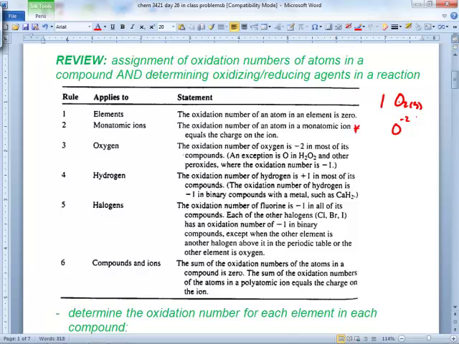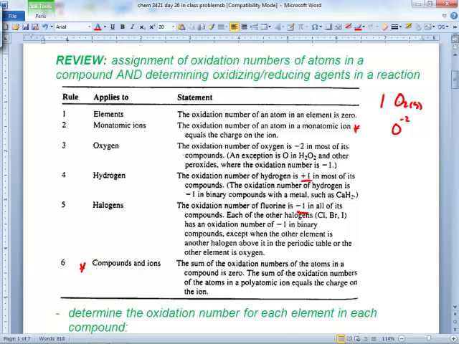So oxide, its oxidation state would be -2, it's just the charge. Oxidation number of hydrogen is always +1. Fluorine is always -1. Hydrogen's +1. We'll worry about the exceptions later. What are the odds of them throwing an exception in the homework?